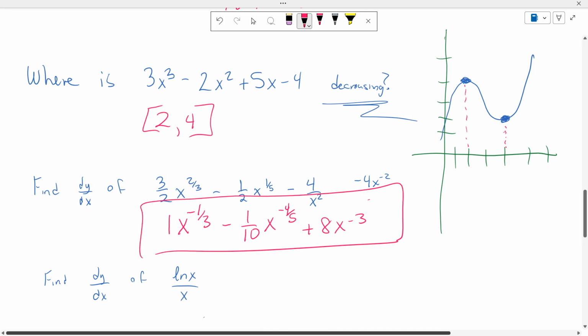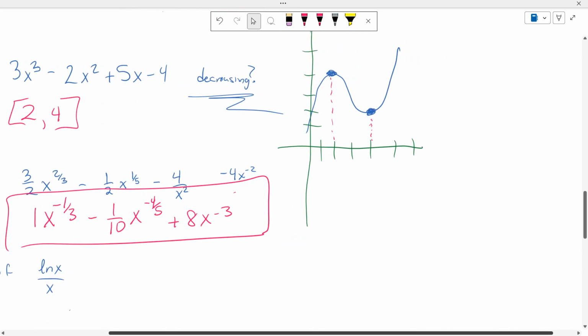Now, it's a multiple choice test. So what might happen is they might not have these listed as negative exponents. So if they're not listed as negative exponents, well, how would they be listed? 1 over x to the 1/3 minus 1 over 10x to the 4/5 plus 8 over x to the 3rd.